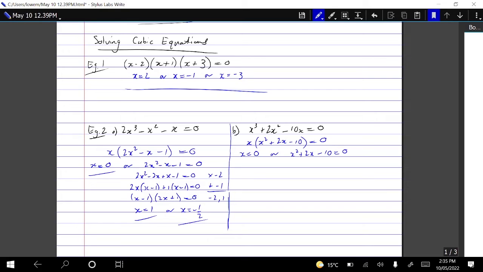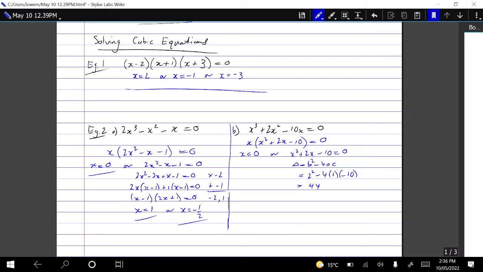So what we can do is we can check by using the discriminant to see if there will be a solution. Okay, so b squared minus 4ac, which gives us 2 squared minus 4 times 1 times -10. Okay, so that'll be 2 squared is 4 plus 40, so that's 44. So given our discriminant is positive, we know there are two solutions.